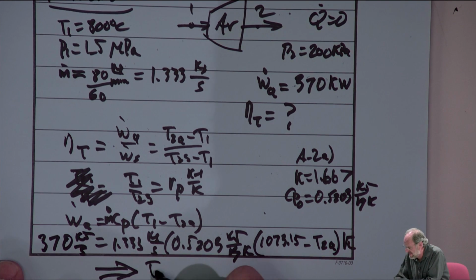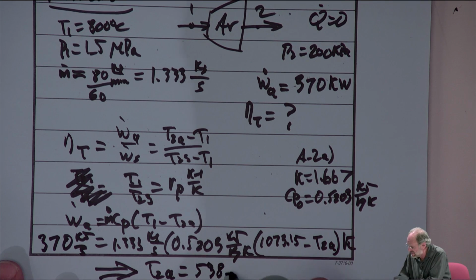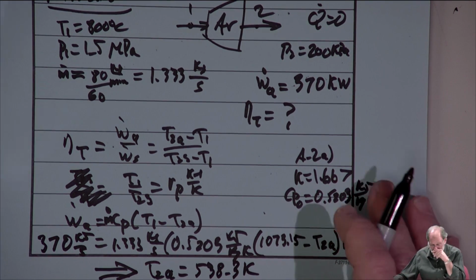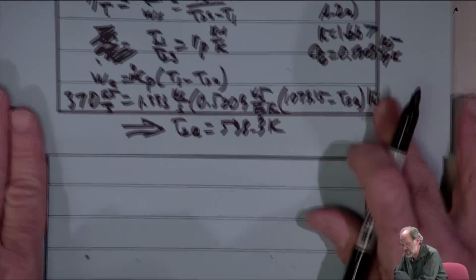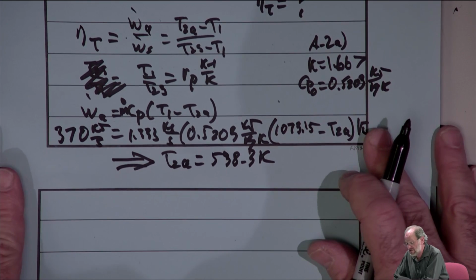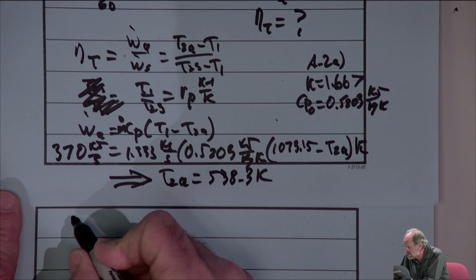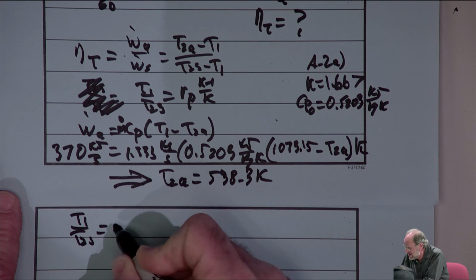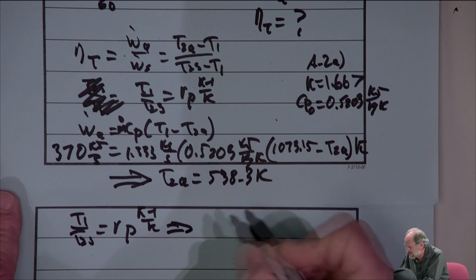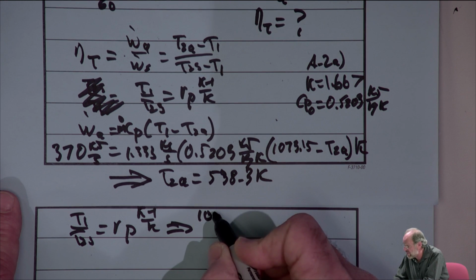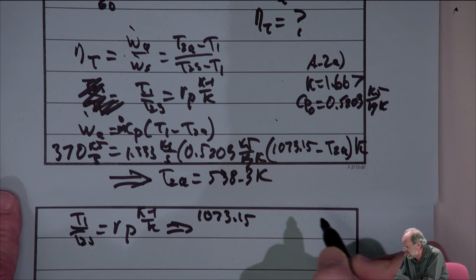Anyway, we go through the math, and we get the actual temperature that leaves this turbine as 538.3 Kelvin. Now, we use the equation for the isentropic process in order to get T2S. So T1 over T2S equals the pressure ratio to the K minus 1 over K. T1 is known. Again, we have to convert this into Kelvin, so we add 273.15.